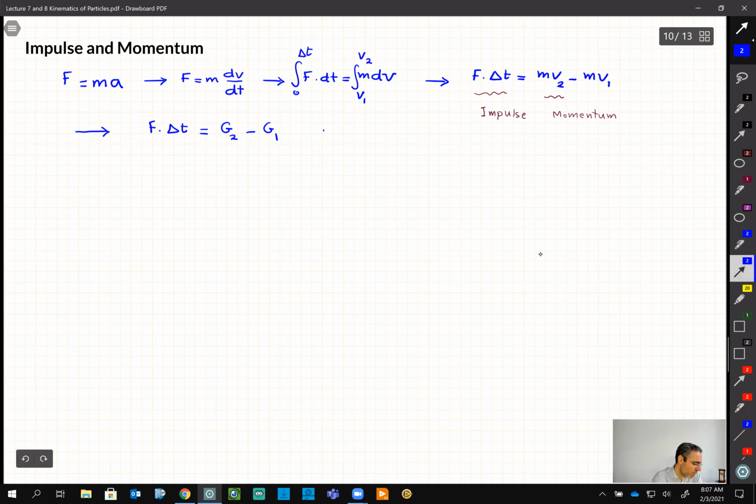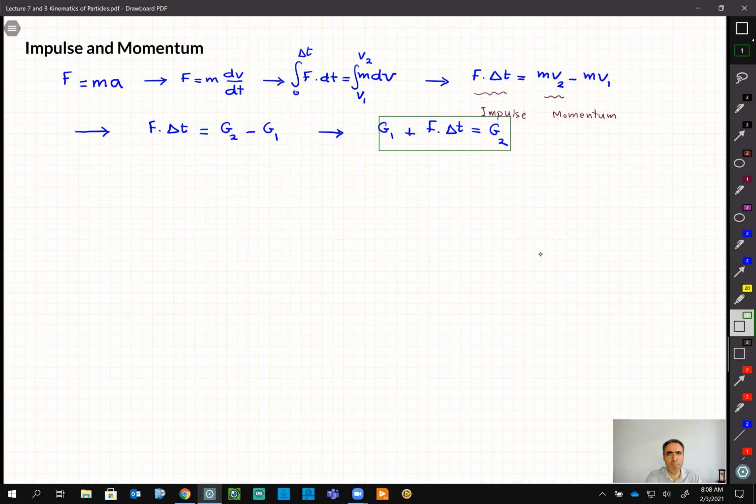Yep, if you just move G1 to the left side, F delta t plus G1 is equal to G2.